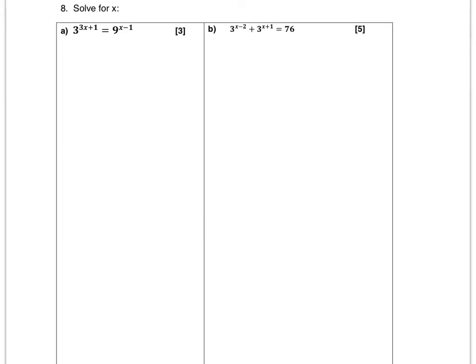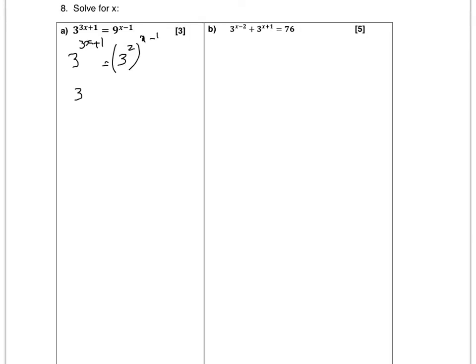The next question is to solve for x. The first one is 3 exponent 3x plus 1 equals 9 exponent x minus 1. Instead of using log, since 3 and 9, I can represent 9 in terms of base 3. I can write this one as 3 exponent 3x plus 1 equals 3 exponent 2, which is 9, exponent x minus 1.